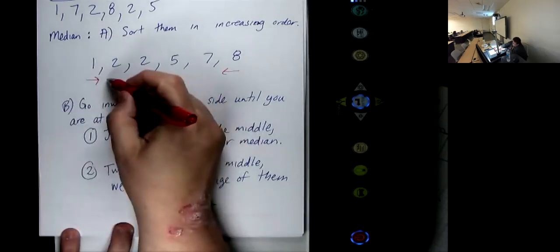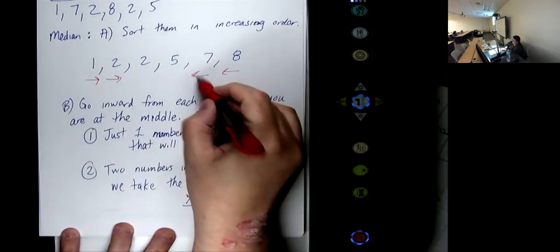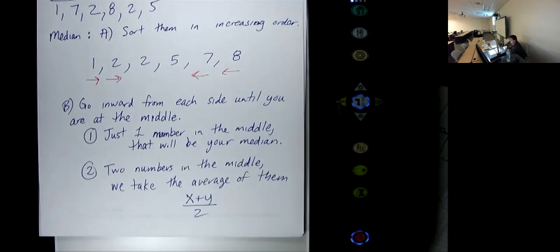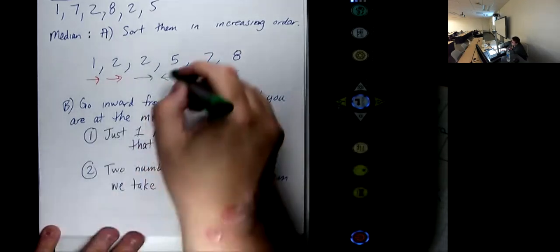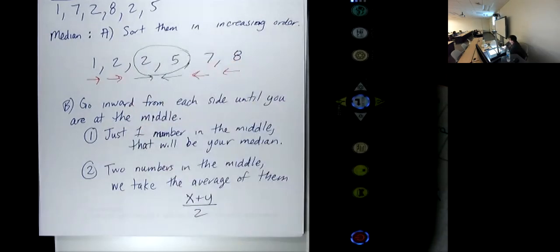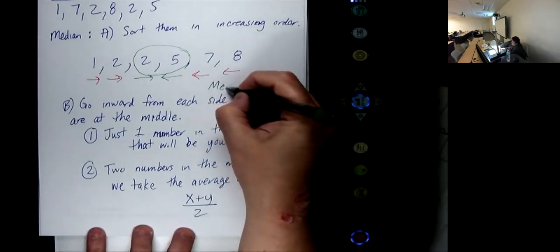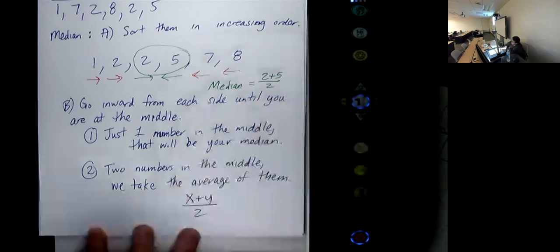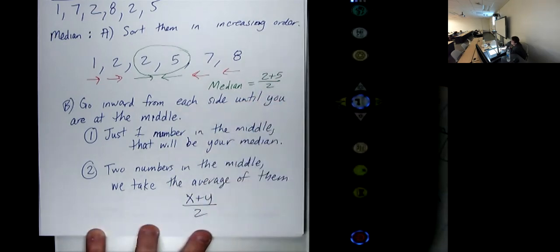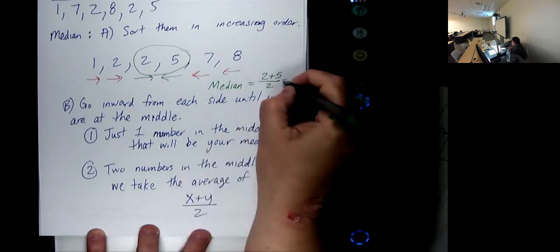And then I'll go another one in on the left and another one in on the right. And if I do that again, my arrows are going to touch, which means there's 2 in the middle. So the median for that set will be 2 plus 5 over 2. That ends up being 3.5.